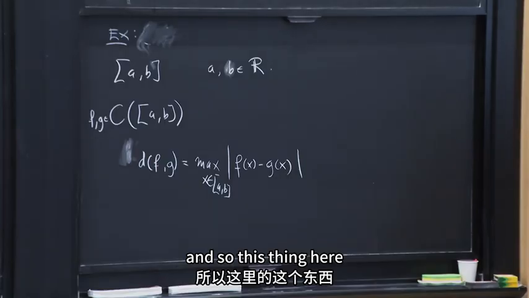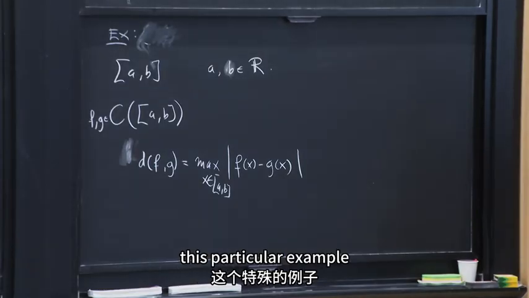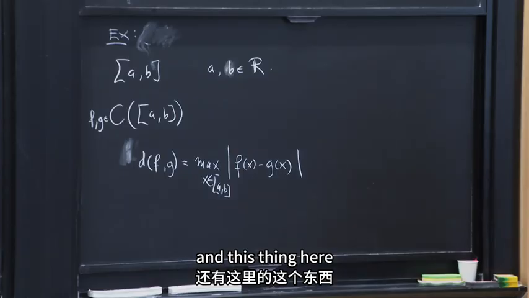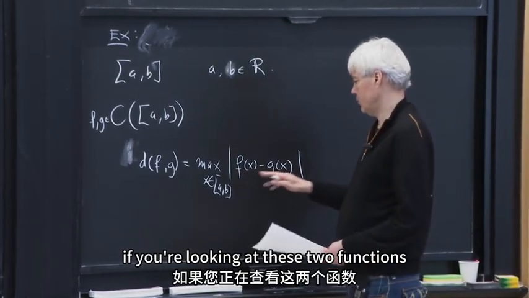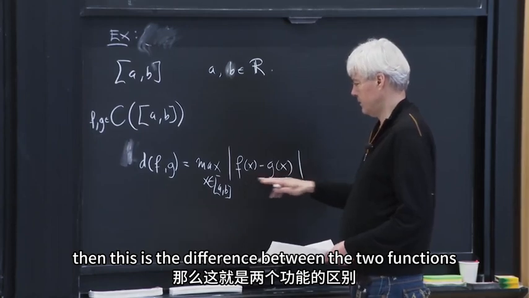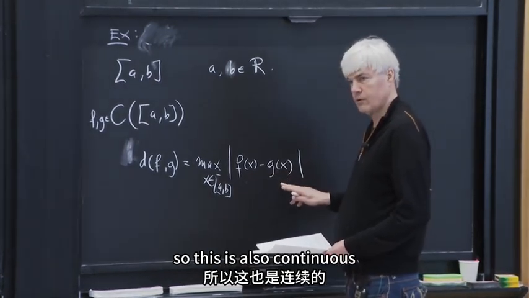And so this here was on the midterm, this particular example. And that the max is achieved is just like, if you're looking at these two functions, then this is the difference between the two functions. So this is also continuous.